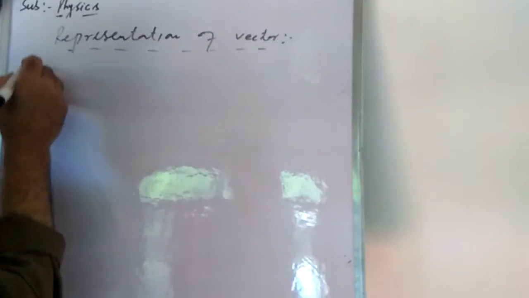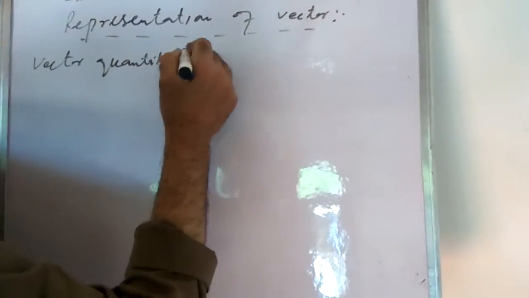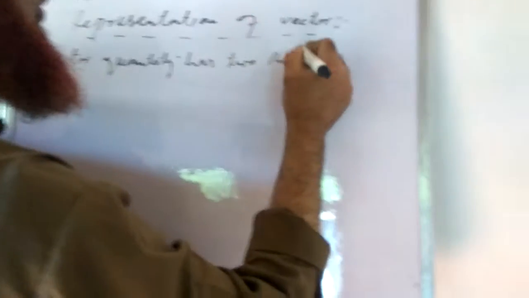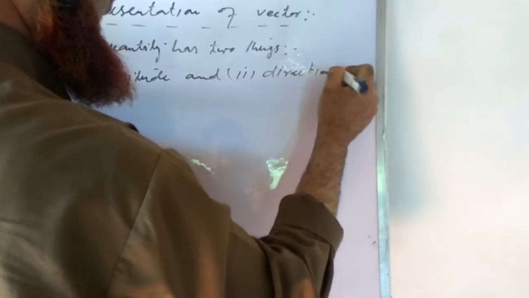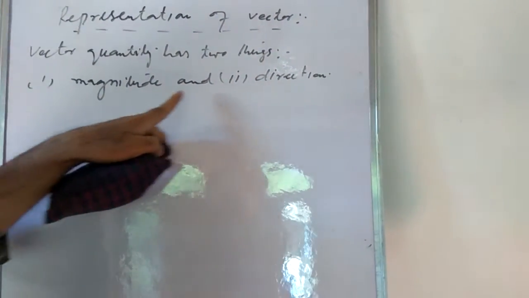Dear students, as we know, a vector quantity has two things: number one, magnitude, and second, direction. That means if a quantity is a vector, it will have two things, magnitude and direction.